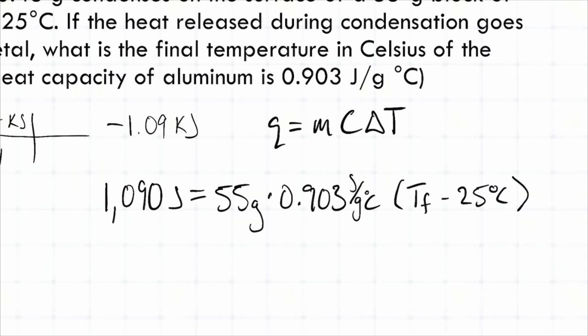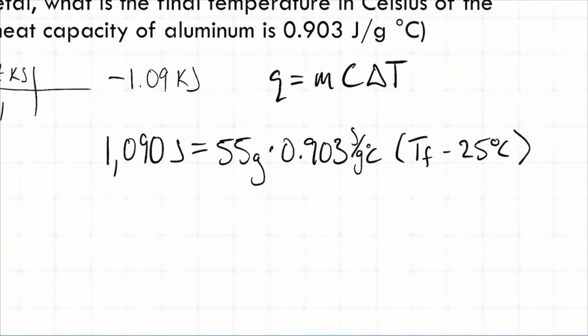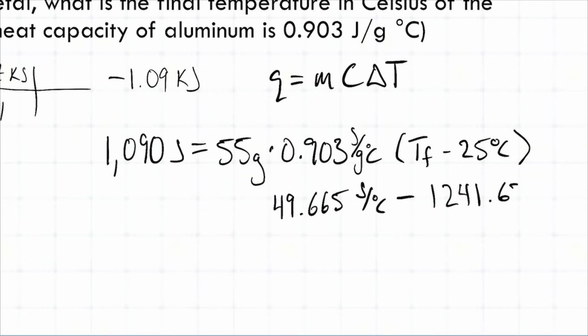And now we just do some math to solve. So 55 times 0.903, we get 49.665. We've multiplied grams by joules per gram degree C, so we get joules per degree C, minus that 49.665 times 25 to get a negative 1,241.625.